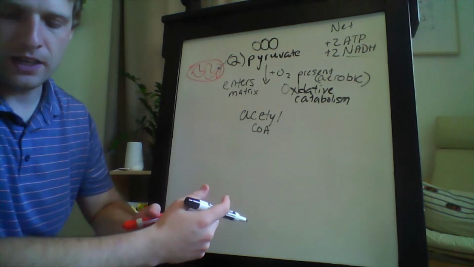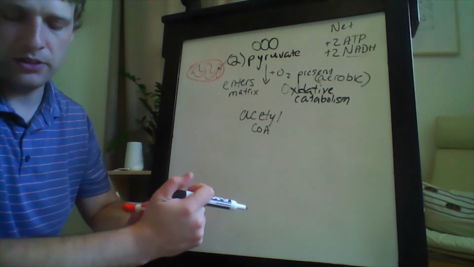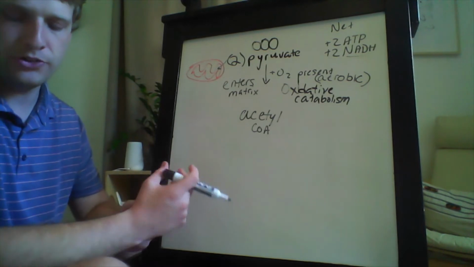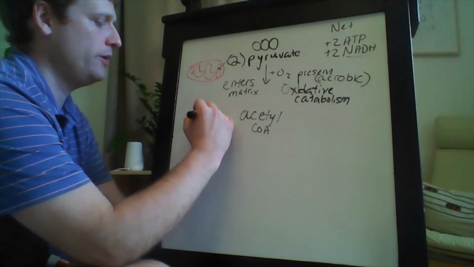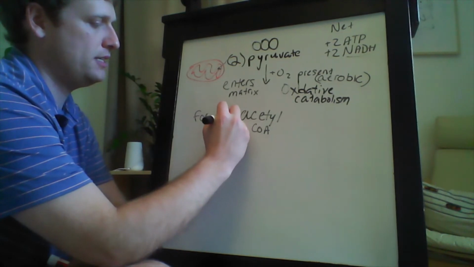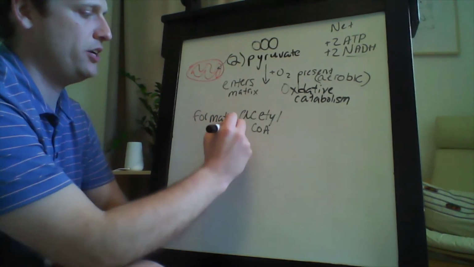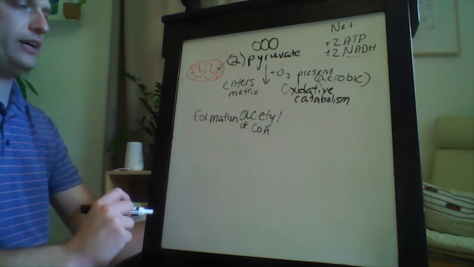Now, this is going to occur again in the mitochondrial matrix. This step is usually referred to as formation of acetyl-CoA.